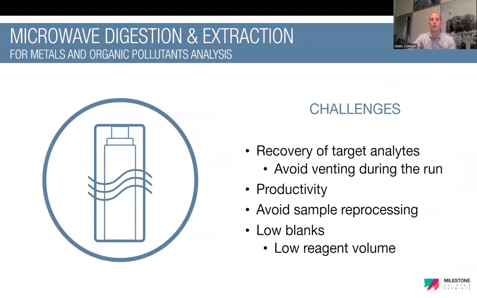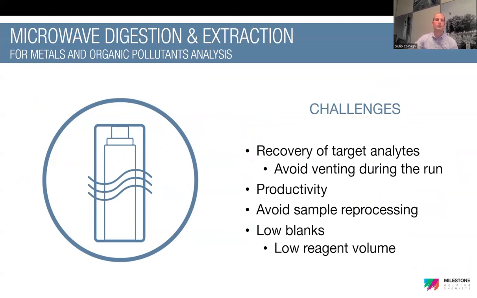When instead we want to consider the organic pollutant analysis, we need to go through a microwave extraction process. In both cases, we need to recover the target analytes of interest, and we need to avoid venting during the run. Otherwise, we can lose volatile compounds or elements during the process.